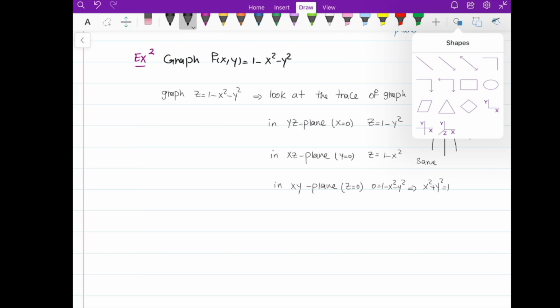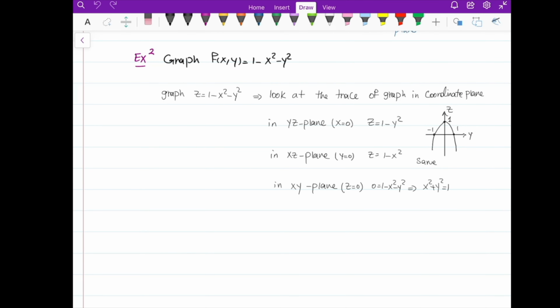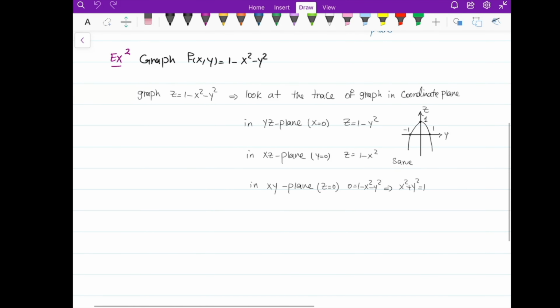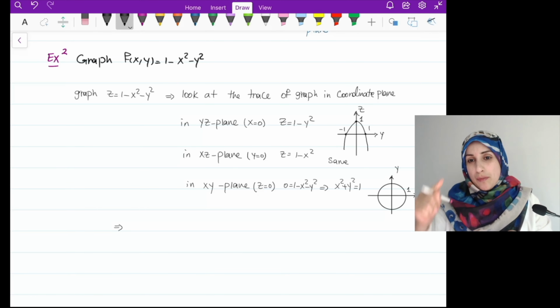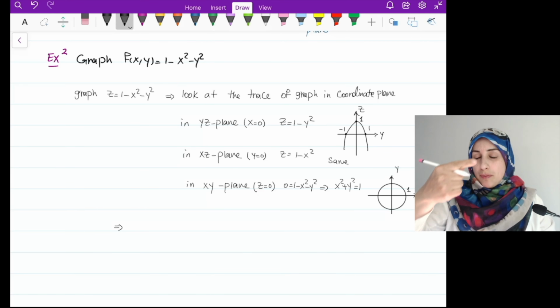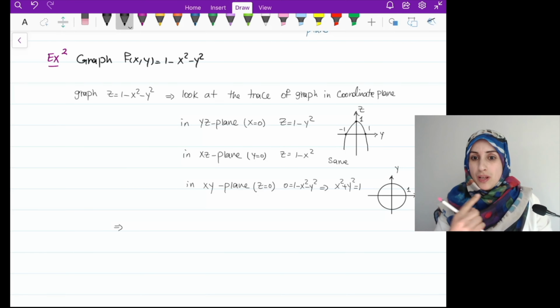What is that? Let me bring up a little bit here. As you see, this is a circle of radius 1, right? Now just see, in YZ plane I have a parabola, in XZ plane I have a parabola, and underground I have a circle.